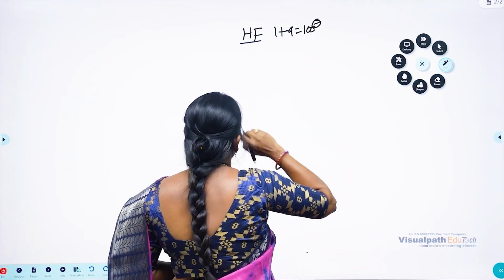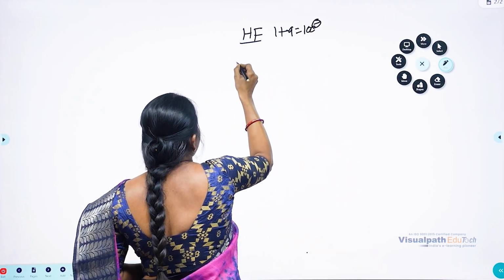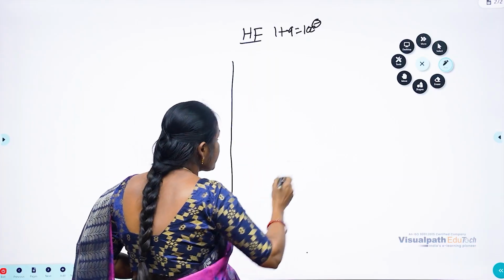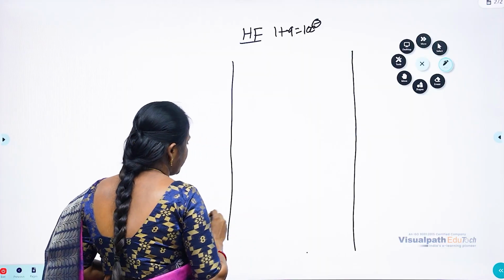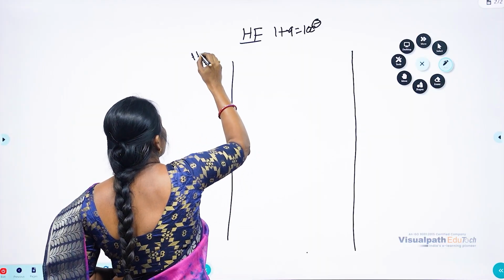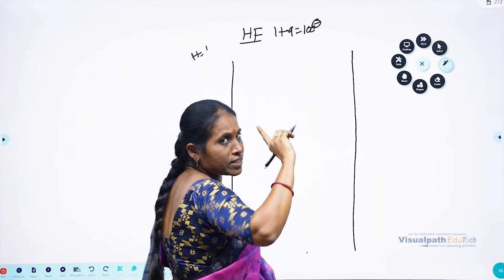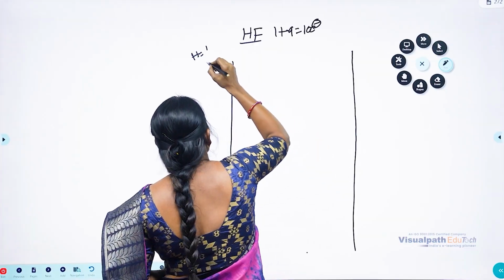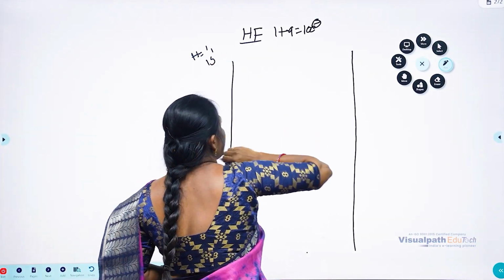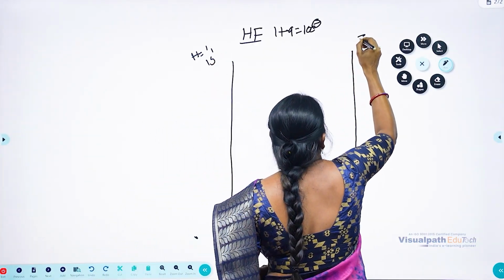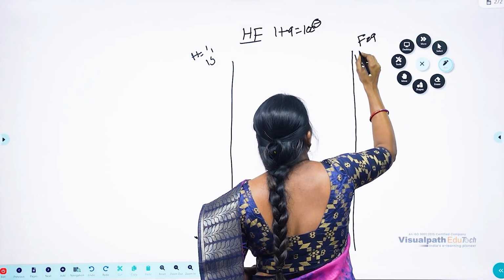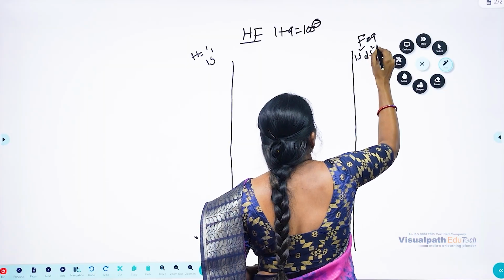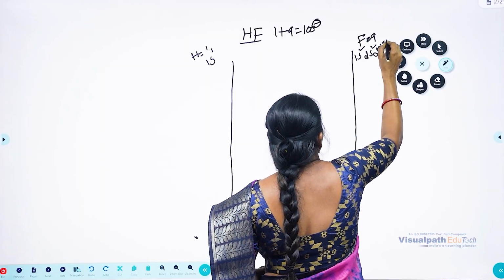Hydrogen's atomic number is 1, so it has only 1 electron. Its electronic configuration is 1s1, and fluorine has atomic number 9. Its electronic configuration is 1s2, 2s2, 2p5.